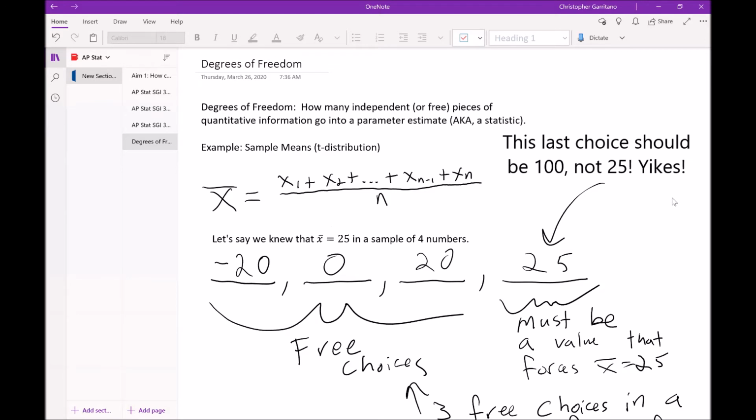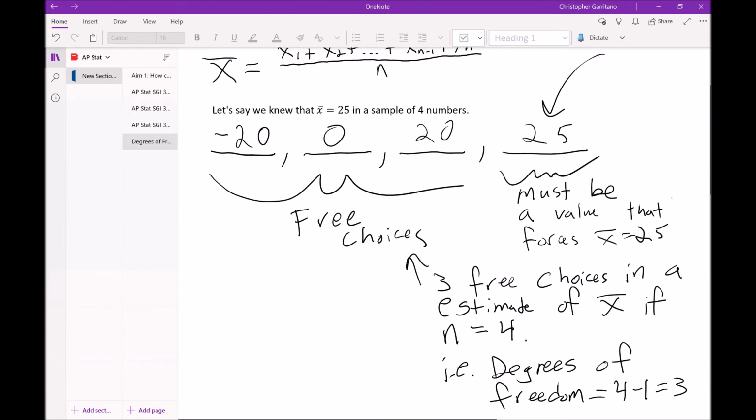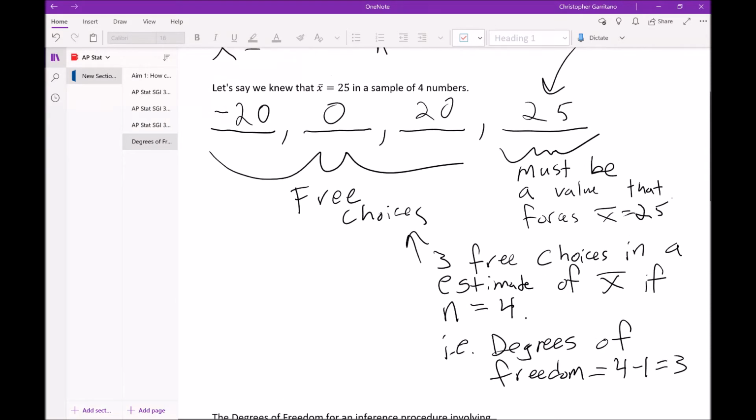Okay, and that's why we say that when we have the statistic of sample mean, there are n-1 degrees of freedom, because in this case I had 3 free choices in my estimate of x bar, if n, and in this case n was equal to 4. So my degrees of freedom were 4 minus 1, which of course equals 3.